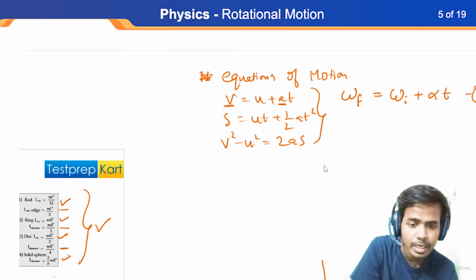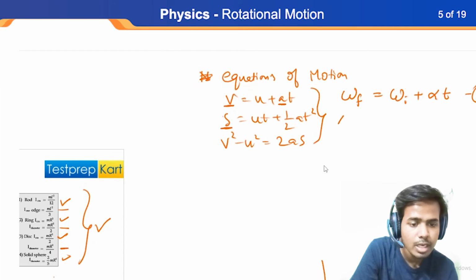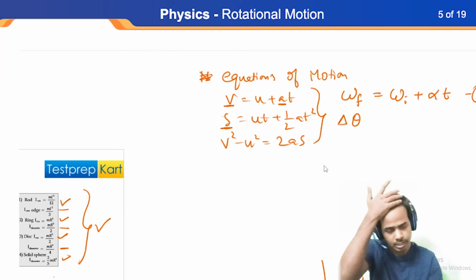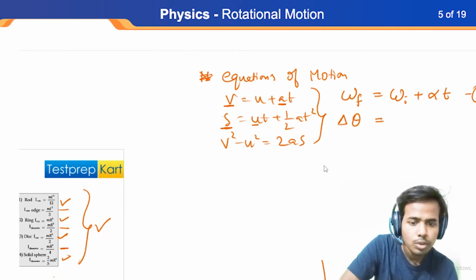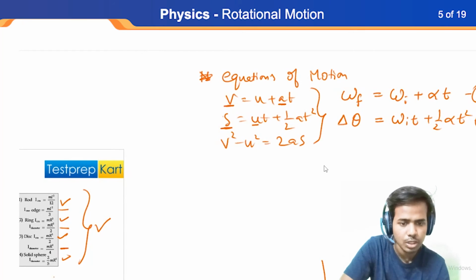In the same fashion, I can write the second equation of motion. This was the displacement. In this case, it will be the change in the angle, delta theta. It will be equal to omega i into t plus half into alpha t square. This is the second equation of motion.